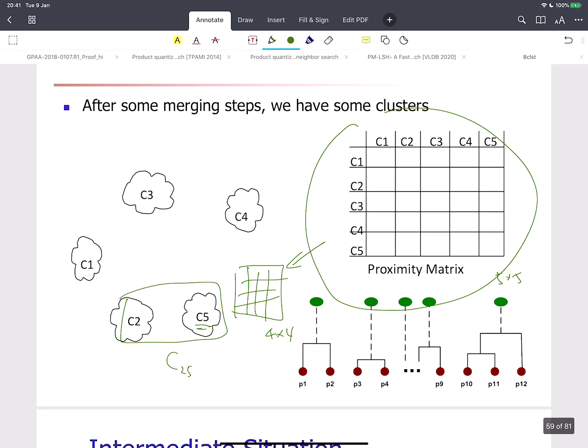Because we only work on a small example, this is easy to see. Then basically you have C1, now you don't have C2, right? You have C3 and C4, and then maybe you put C25 here. That's the idea, and then you do the same thing on the rows.